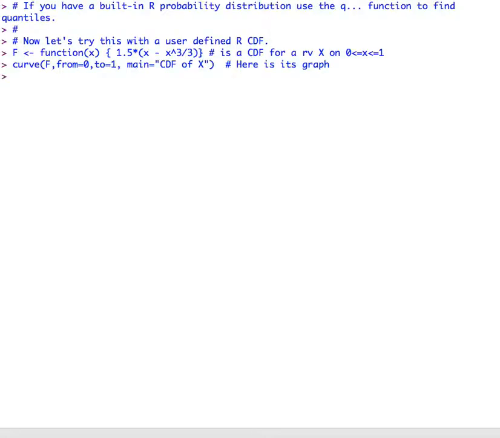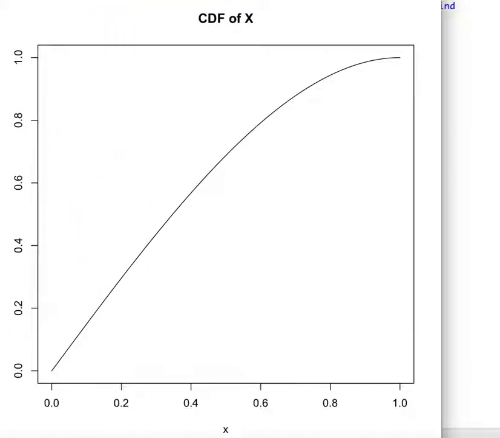Now let's try one more example. In this case, we're going to define something a little more general, at least not a built-in R distribution. So here's the cumulative distribution function of a continuous random variable in R. Here's the graph.